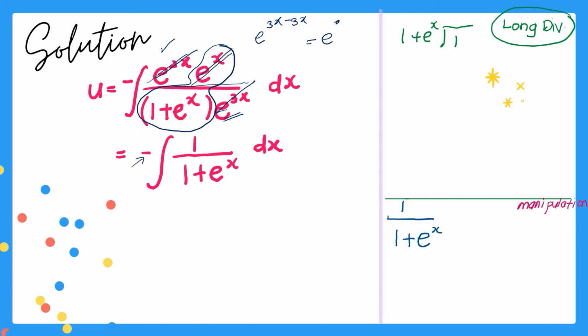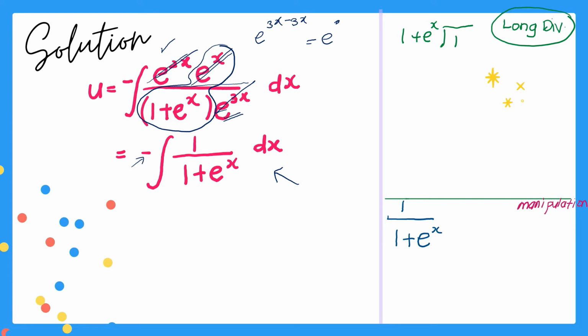So, in order to integrate 1 over 1 plus e^x, let's try to apply long division, because integration by parts fails. We cannot apply partial fractions, because we don't have any polynomial function here. So by long division, I have 1 divided by 1 plus e^x.